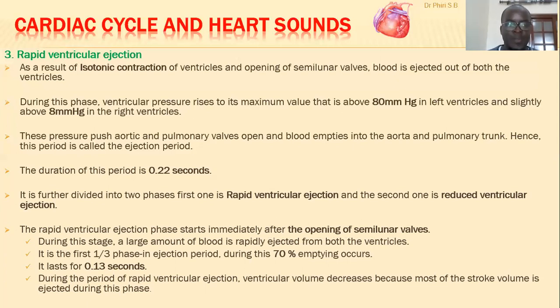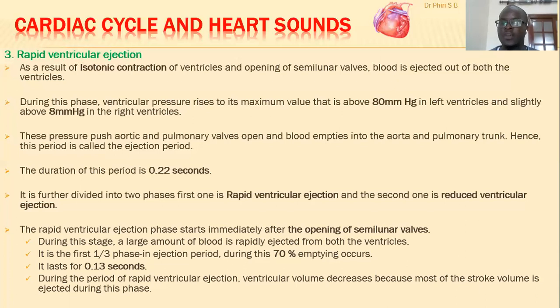The rapid ventricular ejection phase starts immediately after the opening of the semilunar valves, because now blood is being ejected. During this stage, a large amount of blood is rapidly ejected from both ventricles into the aorta and pulmonary trunk. It is the first one-third phase in the ejection period.